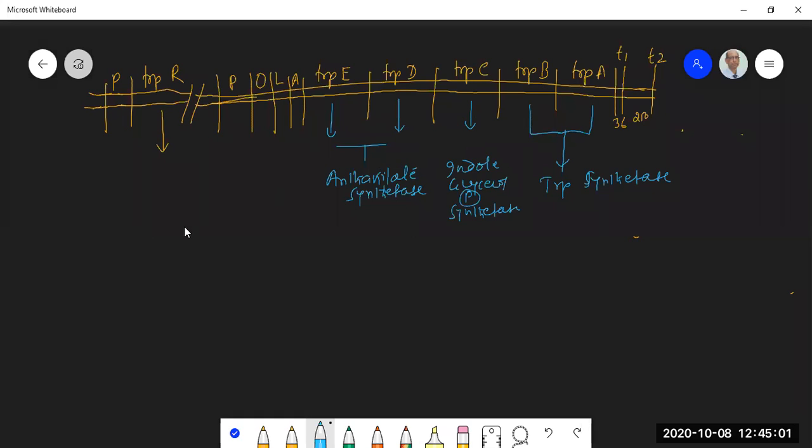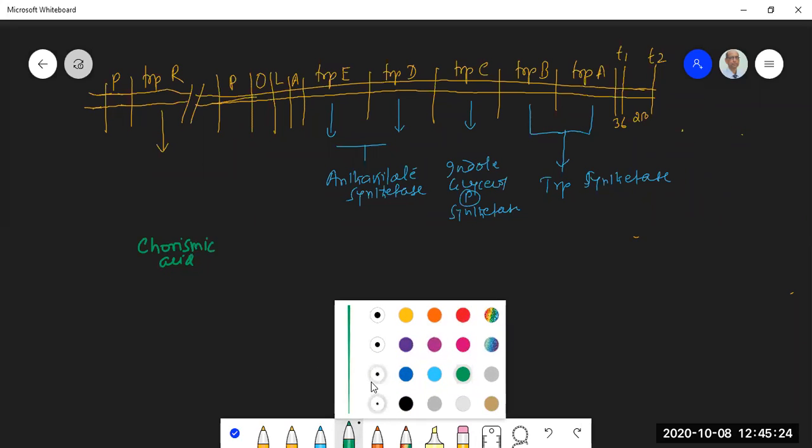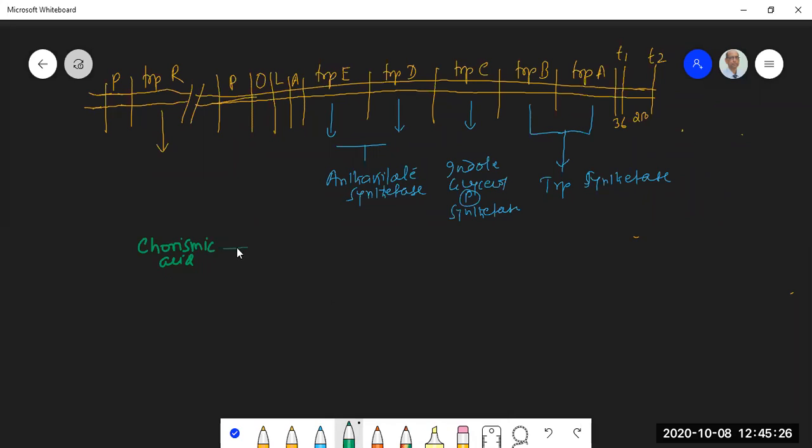And what is the reaction? The reaction is starting from chorismic acid. Using different intermediates, the first intermediate is anthranilic acid.